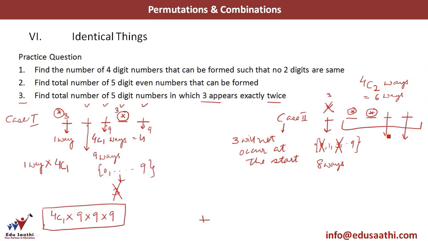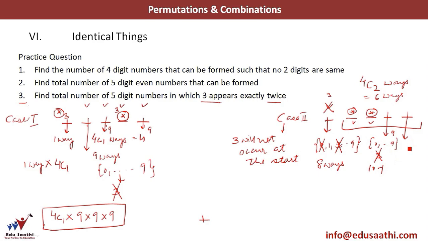Now in how many ways can the tens place be filled? I can have any number from 0 till 9, but definitely not 3, because 3 has already occurred here, and the condition for the question has already been satisfied, that 3 occurs twice. So this place can be filled in how many ways then? 9 ways. 10 minus 1.